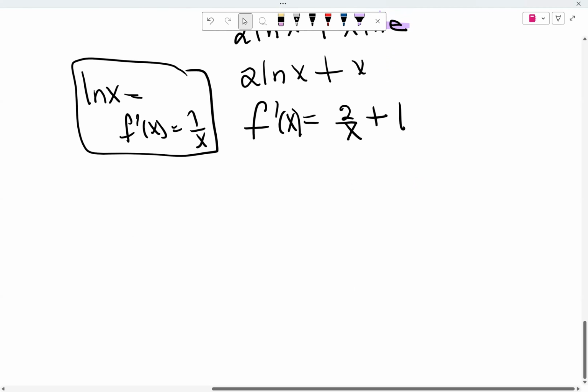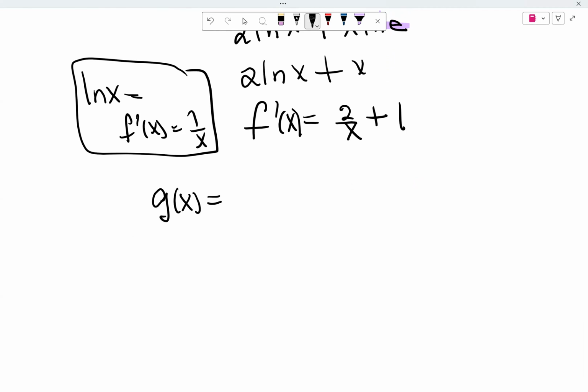In the next piece, you have another natural log. So this is still example 4. They're giving us g of x, and that is equal to the natural log of x plus 1 over x minus 1 squared.